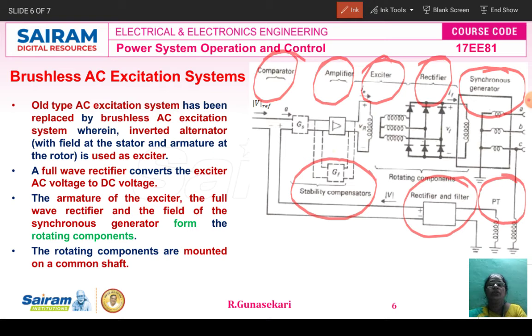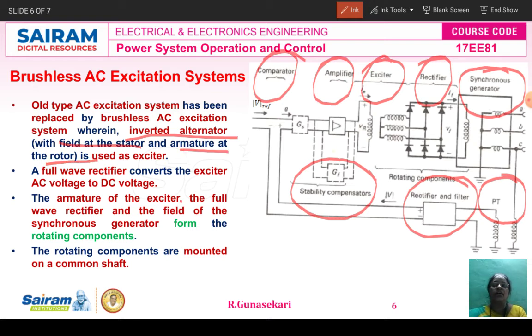In the brushless AC system, as the name itself says, here we don't use the brushes. In the AC system we are using the brushes; in the brushless AC system we don't use the brushes. That means the inverted alternator. Inverted alternator means the field is a stator and the armature is a rotor.